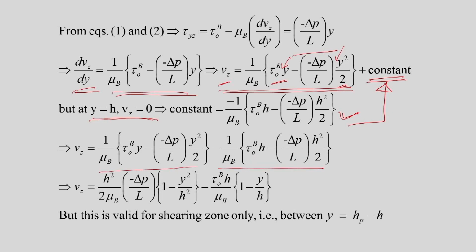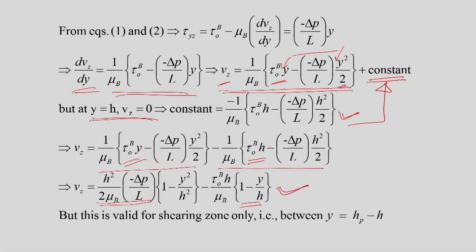So, now from these two terms, you take this first minus delta p by L term, h square by 2 mu b minus delta p by L, common, and you will get 1 minus y square by h square. And then from these two terms, if you take tau naught b h by mu b common, you get 1 minus y by h.